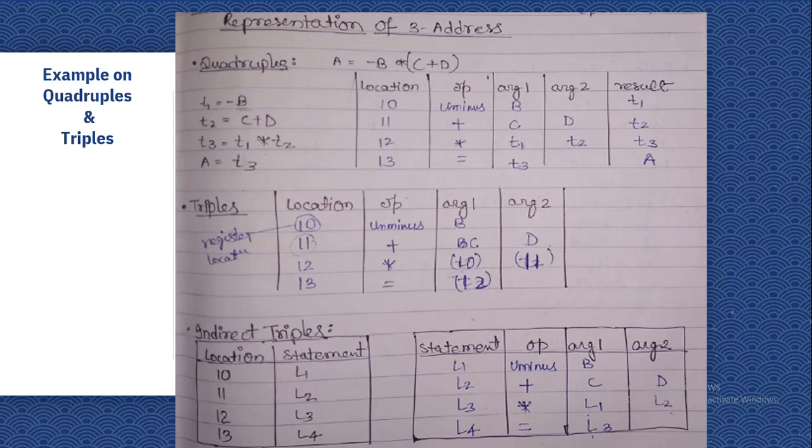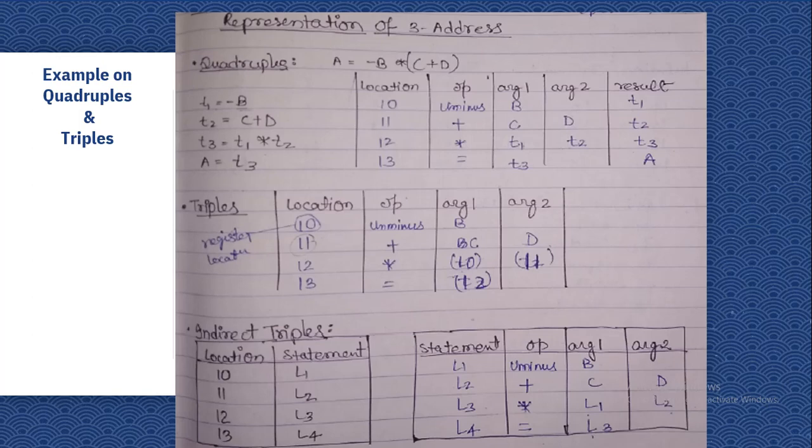So if we have the expression a equal minus b cross c plus d, and we have to show that in the form of quadruples, triples, and indirect triples, then how can we show it? First of all, we have to convert this expression into three address code. In the previous lecture we have seen unary operators also.